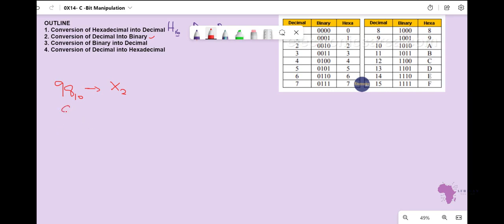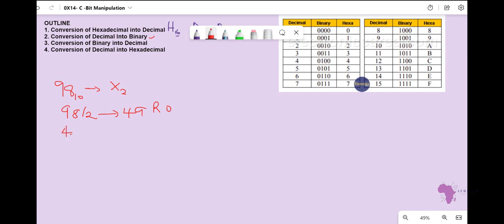We will calculate by saying 98 divided by the base value, which is 2, gives us 49 remainder 0.